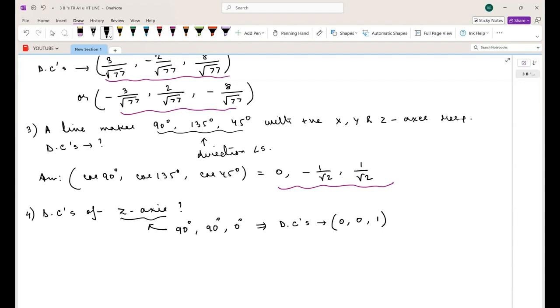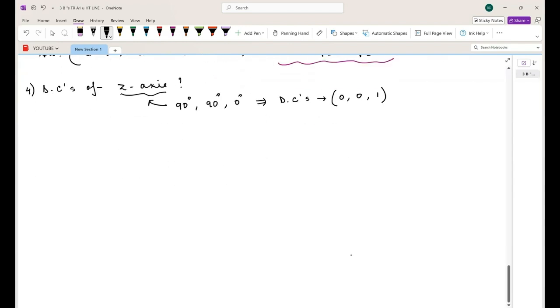Okay, now let's do another sum. This came in 2017 in the board exam. A line makes 90 degree and 60 degree respectively with the positive x and y axis.